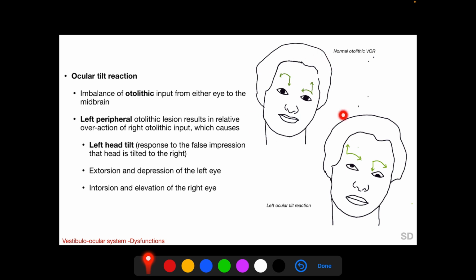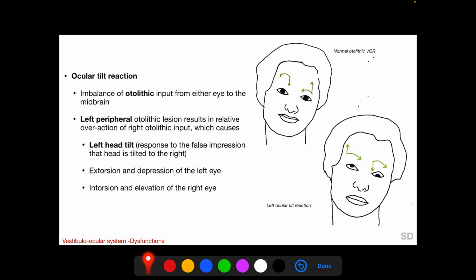These two diagrams are essentially different and represent two completely different scenarios. This is a normal subject who has tilted his head to the left side. As a response to this head tilt, the left eye elevates and intorts and the right eye depresses and extorts to maintain as straight ahead a position of the eyes as possible. In contrast, this diagram represents an individual with a lesion in the left otolithic apparatus.